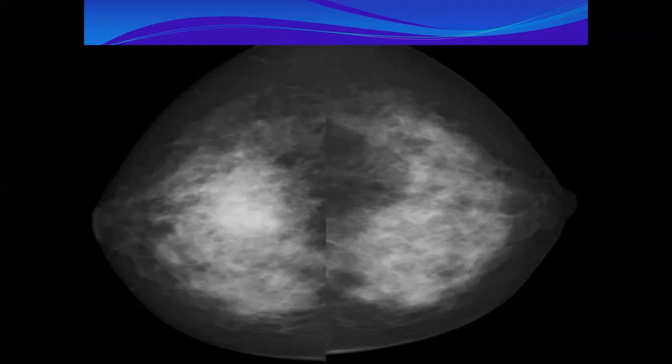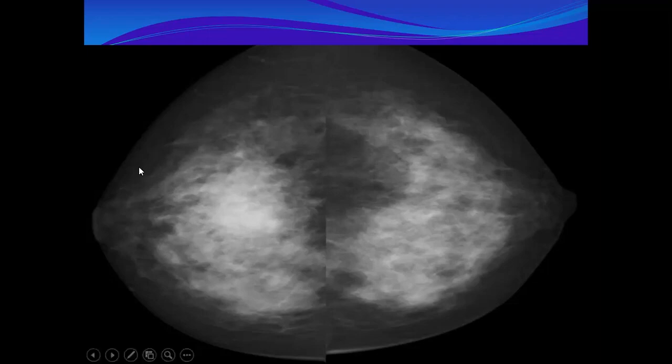The projection is CC, not mediolateral oblique. In the CC view, you will see upper or lower, outer or inner. Regarding this part of the breast, this half and this half, is the asymmetry here or here?